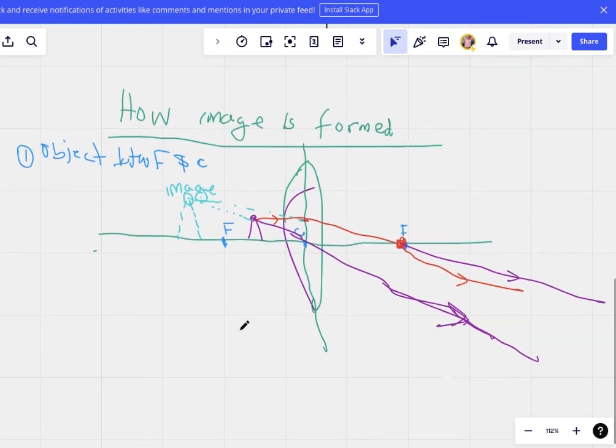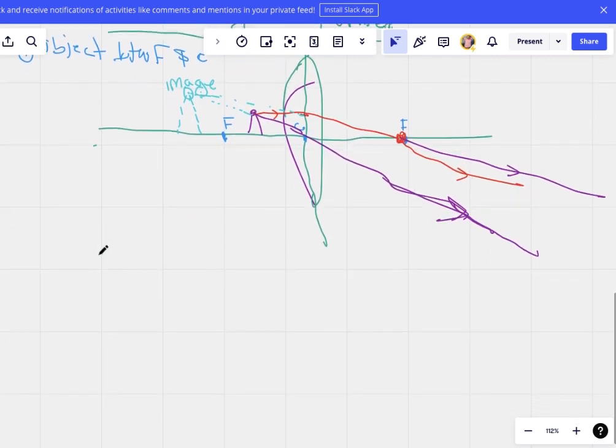Now let's list the three or four characteristics, or properties, of this type of image that is formed by this converging lens.